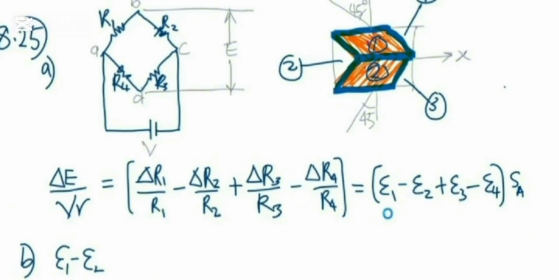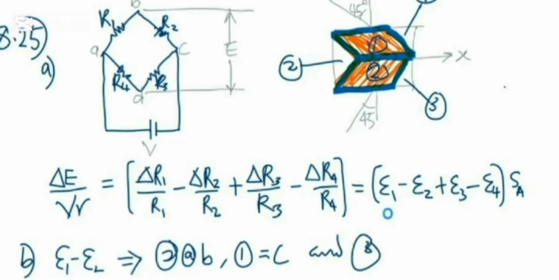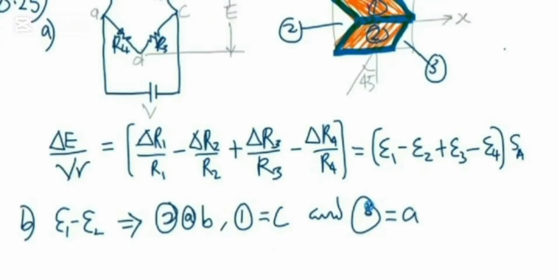So if you have E1 minus E2, it means strain gauges 1 and 2 should be connected. 2 should be connected at B, and then 1 should be connected to C, and then 3 should be connected to A.